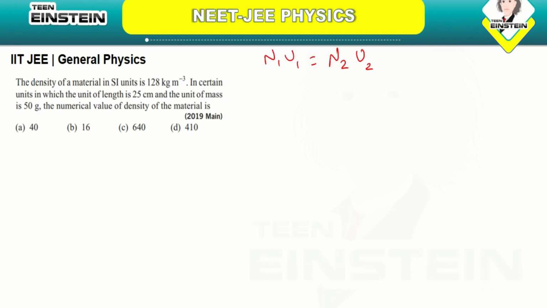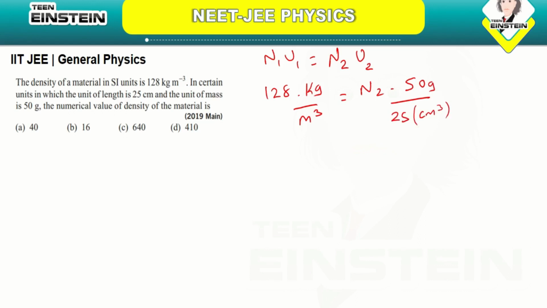So here again we are converting. You will be writing it as 128 into the unit kilogram per meter cube is equal to N2 into 50 gram. So the unit of mass is 50 grams, so 50 G by 25 centimeter cube.